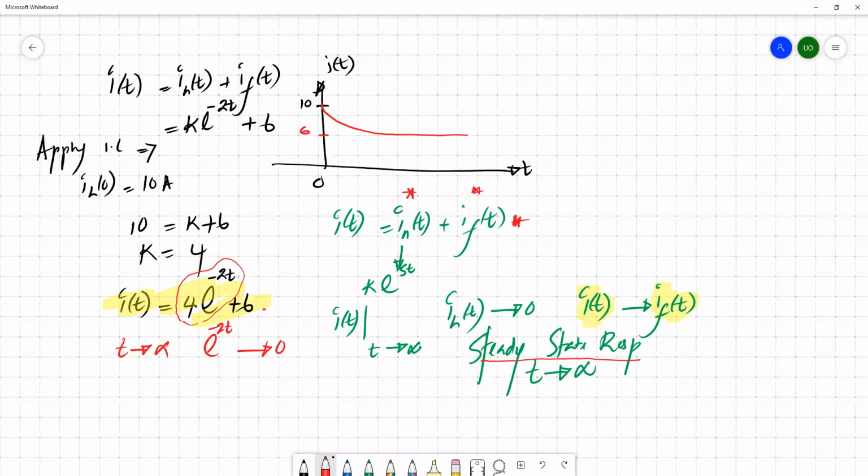This is the total response we found for the previous circuit: 4e to the power minus 2t plus 6. Once you plot this, we can realize that as t goes to infinity, the total response converges to 6. 6 ampere is the forced response of the circuit.